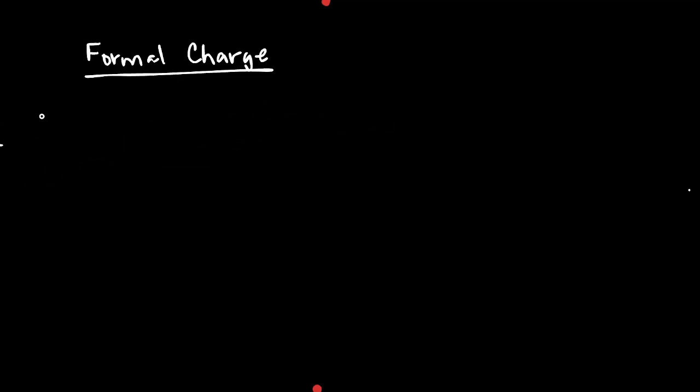So let's say that we're given an ion like NO3 minus, for example, and we want to draw the Lewis structure. So we have our 3 oxygens here.